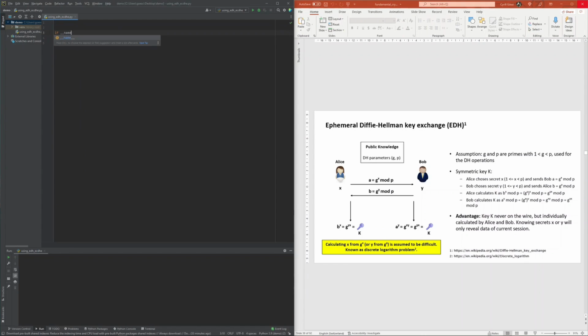In a first part, I demonstrated how to use the classic ephemeral Diffie-Hellman key exchange.